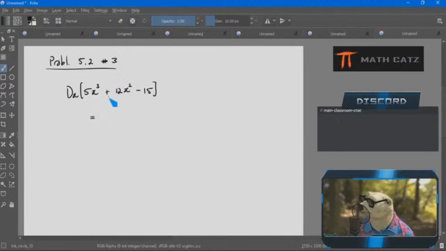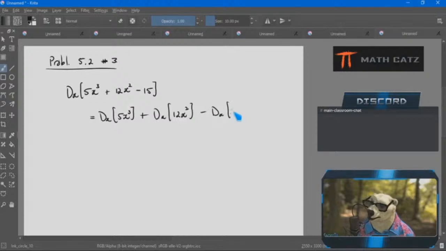So first of all, I have to isolate the terms. The first term is 5x cubed. Now I want to do one property at a time to really emphasize and check that I understand what is used and when. So I isolate the terms, and what I've done is the sum.